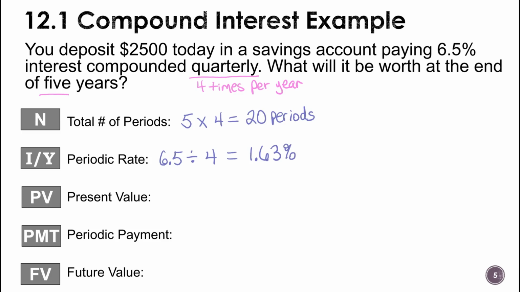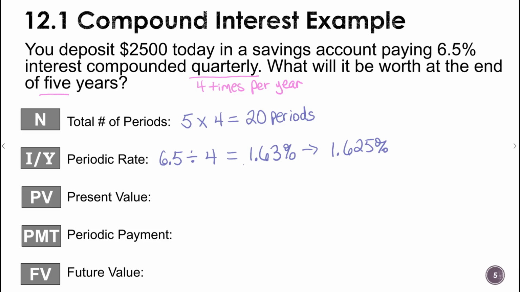So the actual percent for our periodic rate is different than what we see on our screen because it's going to round automatically to 2 decimal places, but there may be some trailing decimals, and if you looked at the entire thing you would see those. And so you want to be careful with this. This is what it says on my screen, but in reality that number is 1.625%.